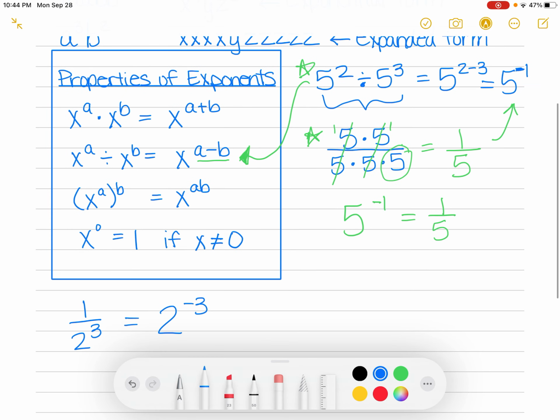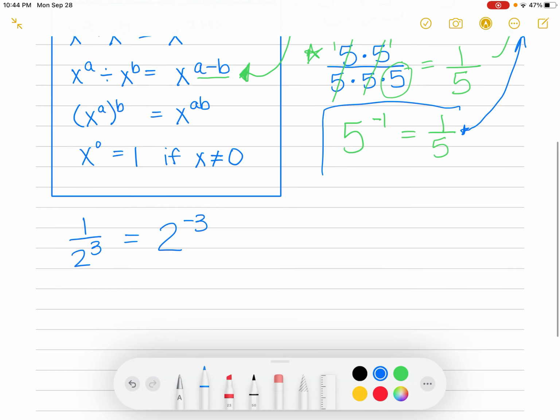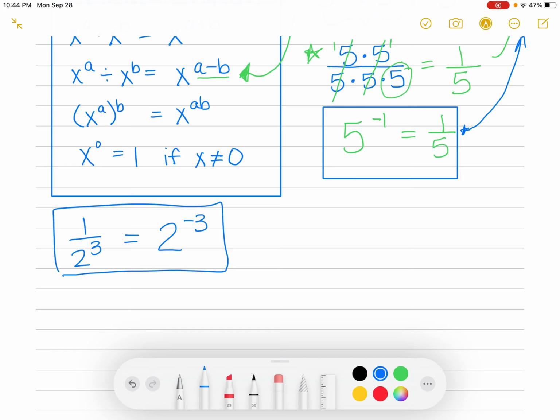Just like here, where I had 1 over 5, which could also be written as 5 to the negative 1. I did the same thing going backwards over here. It's 1 over 2 cubed, and I just take away that 1, and it becomes a negative exponent.